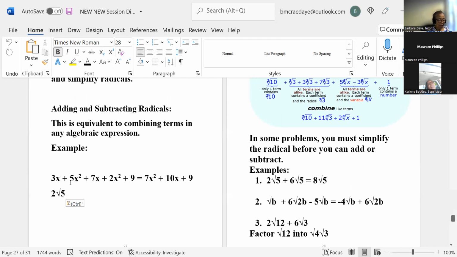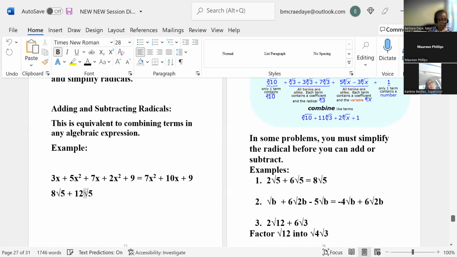So if you had 8 plus 12, I add the coefficients, Maureen.